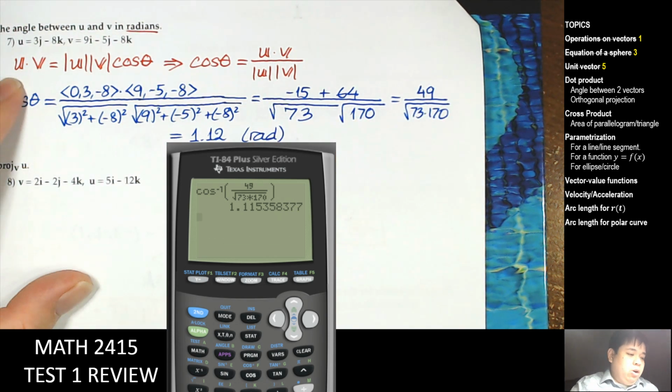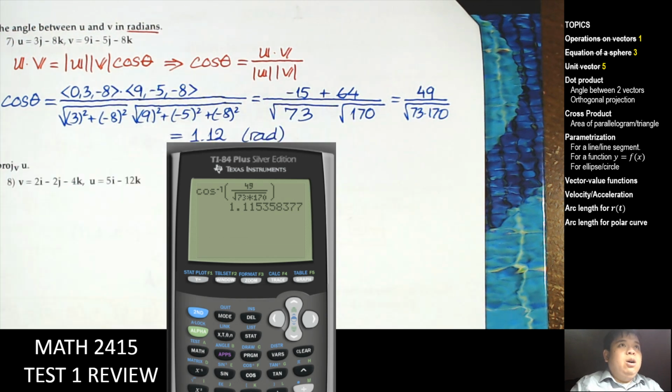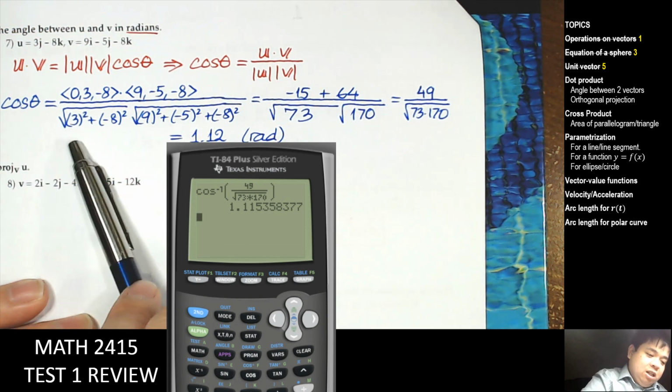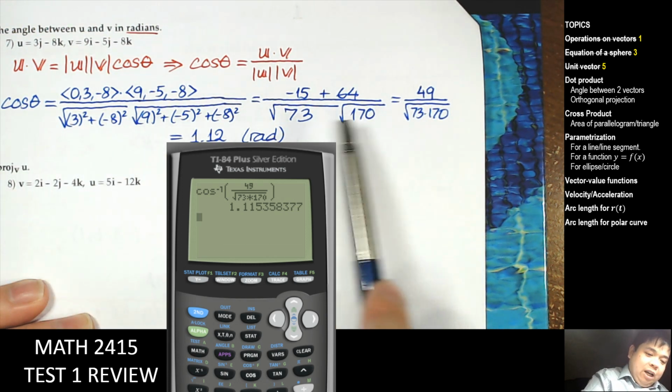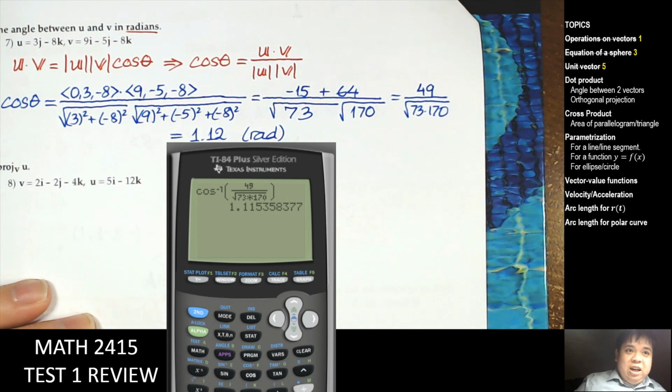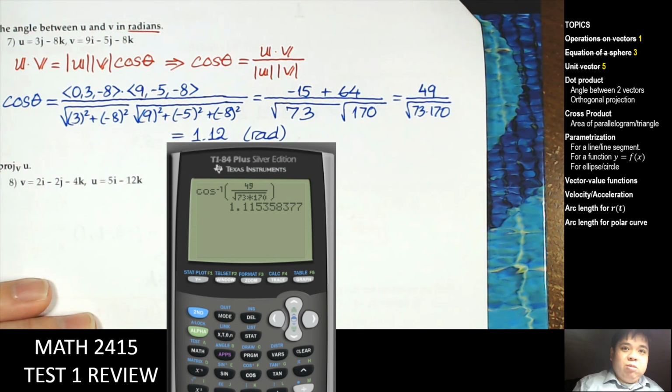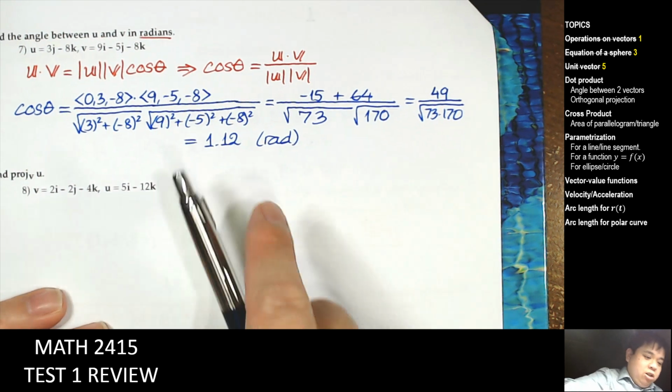Right. So the dot product, the cosine of the angle between the two vectors, and then we check the cosine inverse. If we write equal like this, it doesn't make any sense. So let me change the notation.